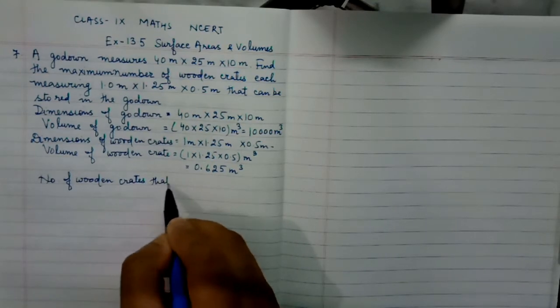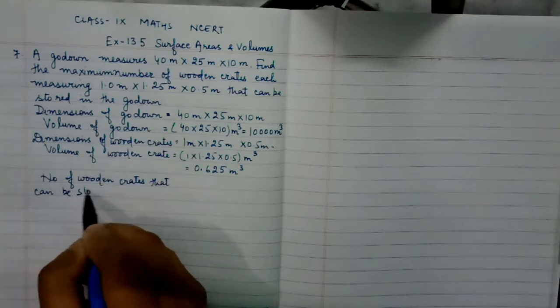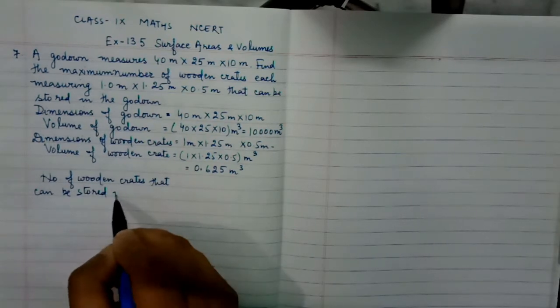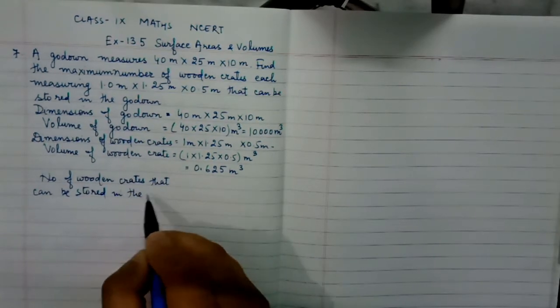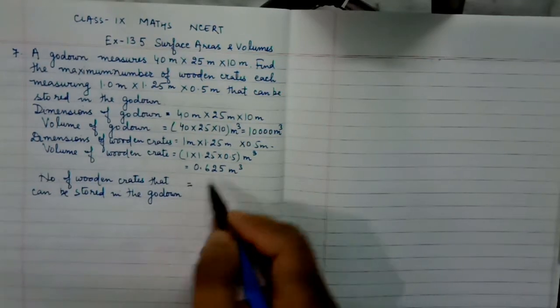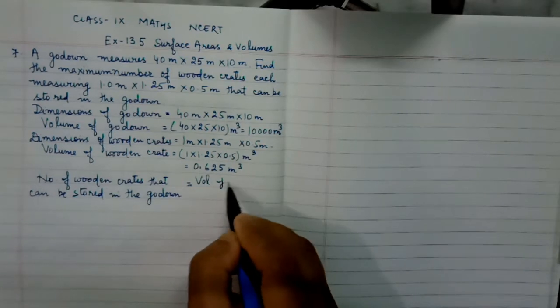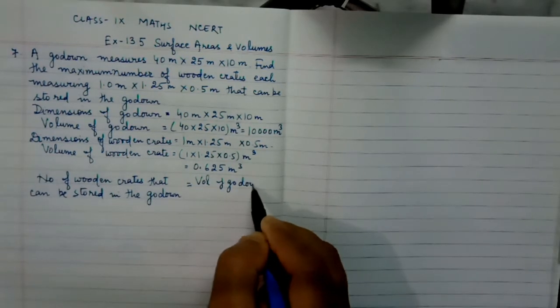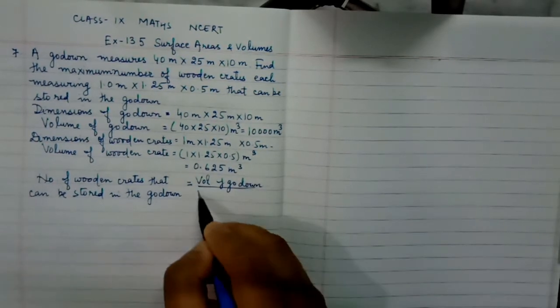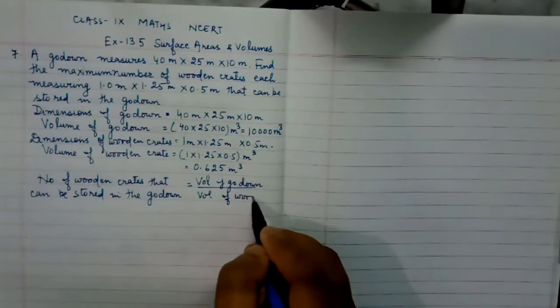The number of wooden crates that can be stored in the godown is equal to volume of godown upon volume of wooden crate.